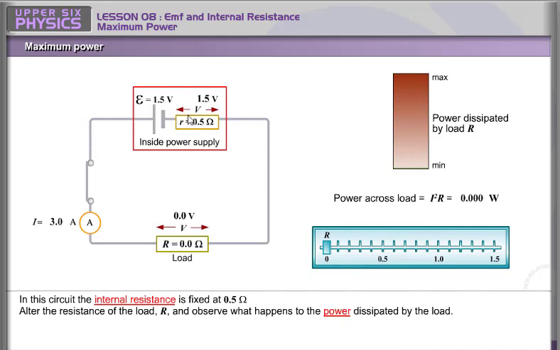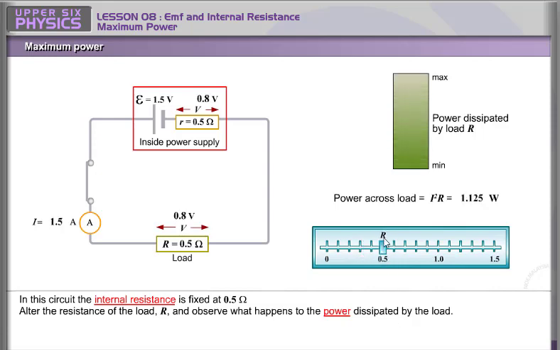We're going to alter the resistance of the load and observe what happens to the power dissipated from the load as we increase R. The power dissipated across the load is given by this equation, I squared R, or IV, but we can use I squared R because we are varying R.